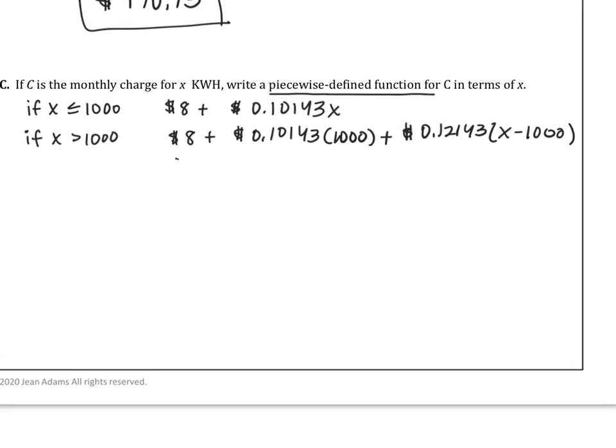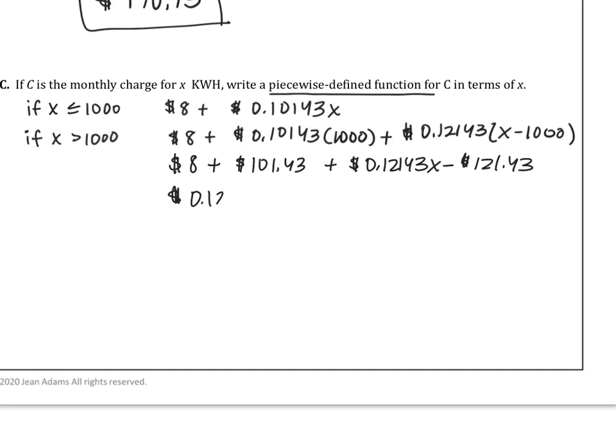If I clean this one up, that would give me 8 plus 101.43 plus, that's distributive property, 0.12143x minus 121.43. So if we add all the like terms together, 0.12143x minus 12.